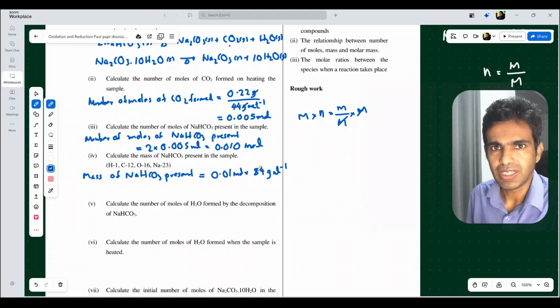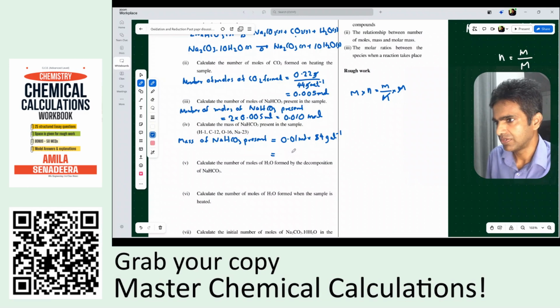The same reason, I have done many calculations, therefore I can remember molar mass of sodium bicarbonate. If you couldn't remember molar mass of sodium bicarbonate: sodium 23, hydrogen 1, then 24, carbon 12, 24 plus 12, 36, then oxygen 16, 16 times 3, 48, 48 plus 36, 84. 1 times 84, 84, 2 decimal places.